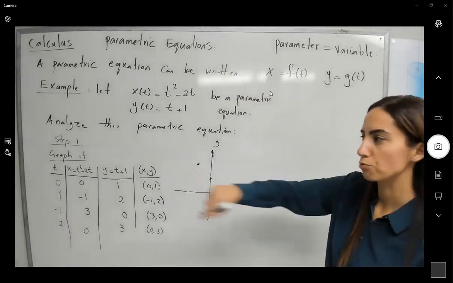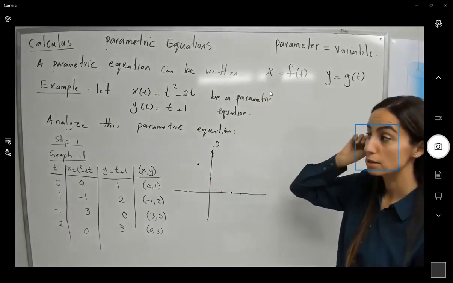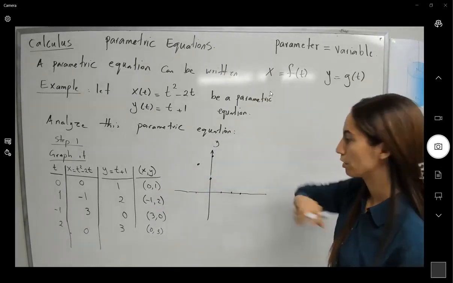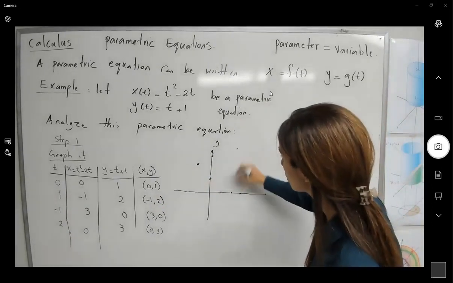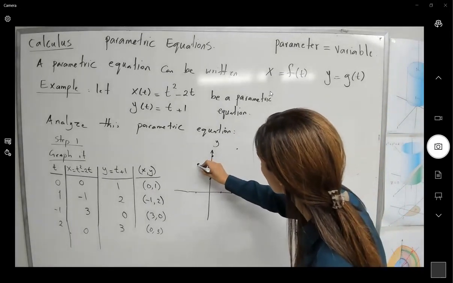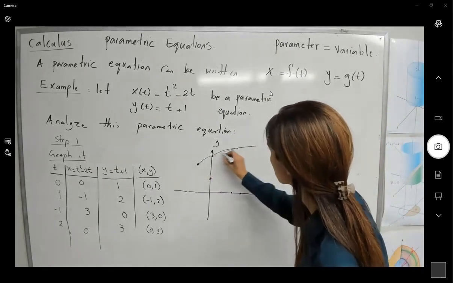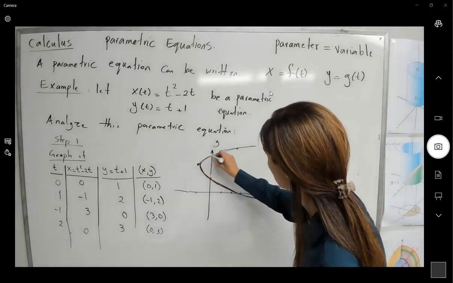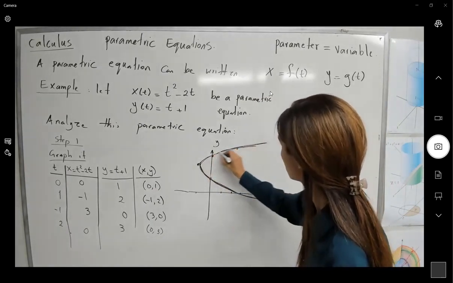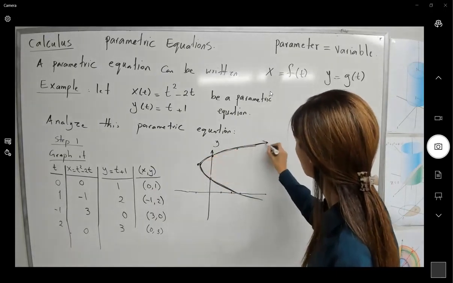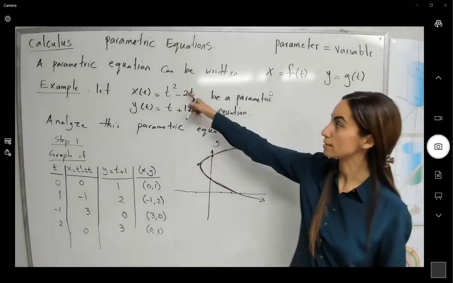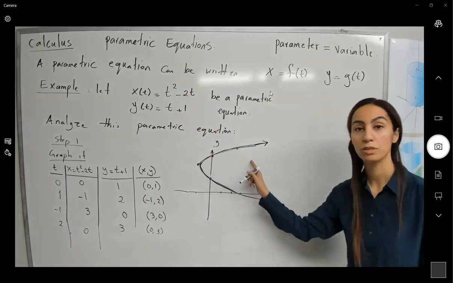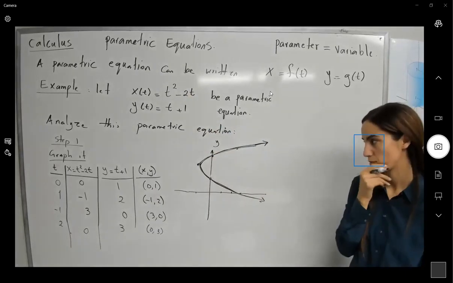If you plug in 3, you get 9 minus 6, which is 3, and 4. 3 and 4. Okay, very well. It seems like my graph behaves like this. So this set represents this graph.